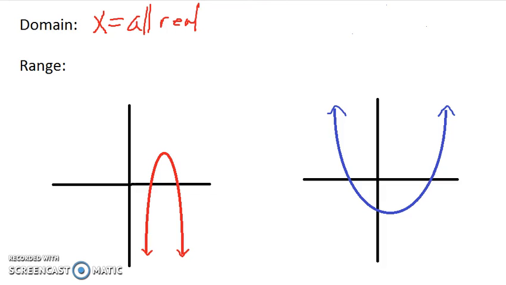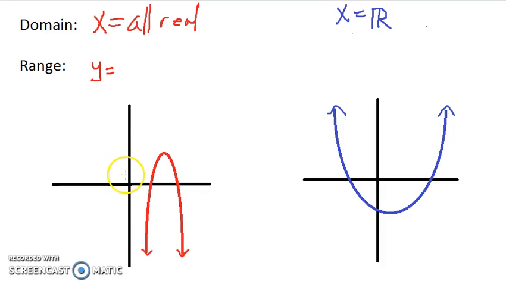Even when you come over to this one on the right, the domain is going to be the same thing, all real numbers. So really the only work you have to do is to find the range of these.